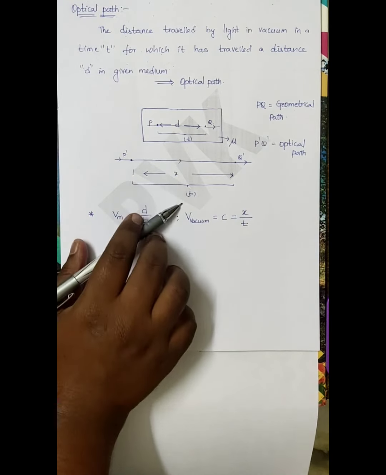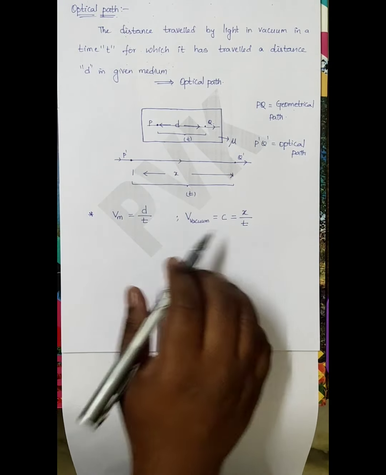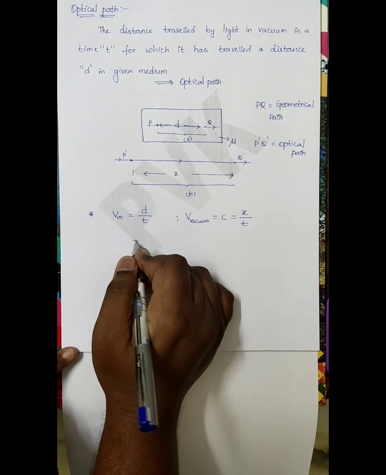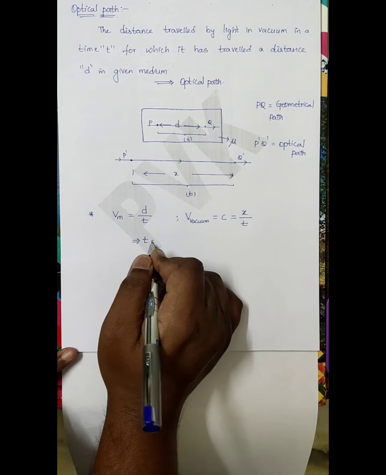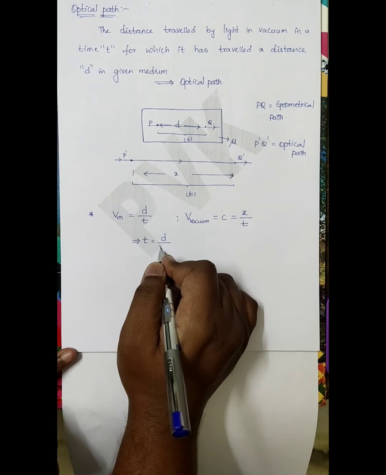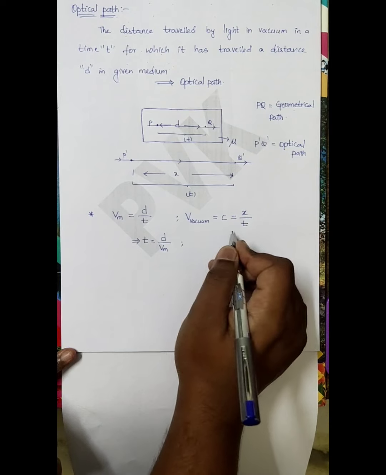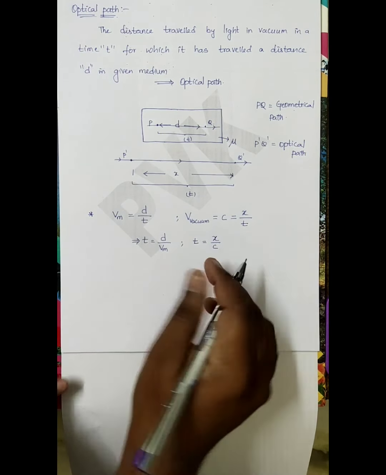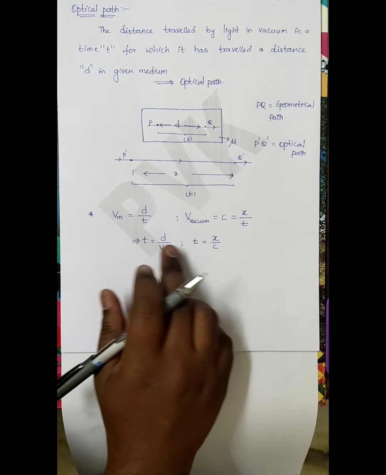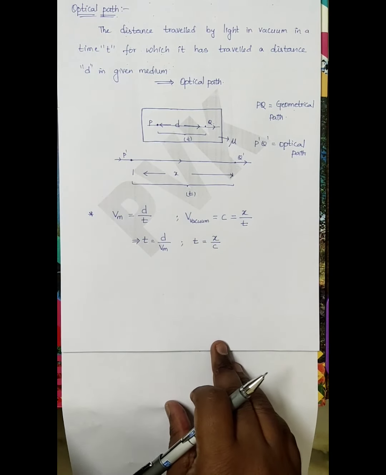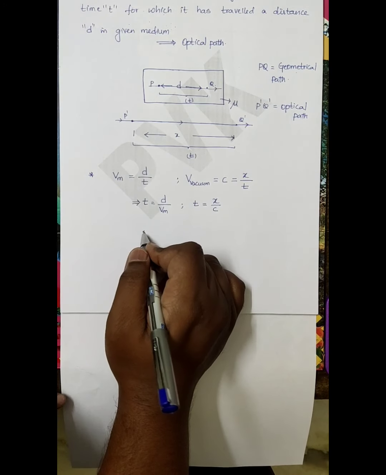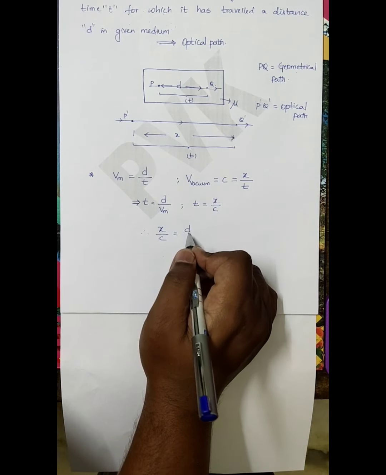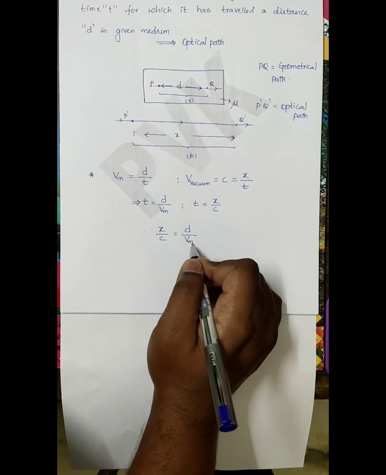As we have seen, the time taken in both cases is the same, so from the first expression we get t is equal to d by speed of light in medium, and from the second we get t is equal to x by c. So equating, as LHS is equal, RHS also will be equal: x by c is equal to d by Vm, that is speed of light in medium.